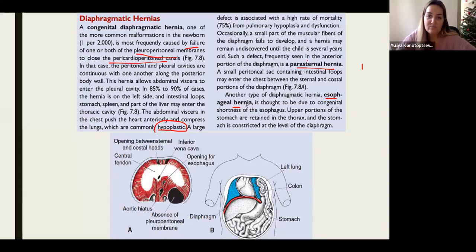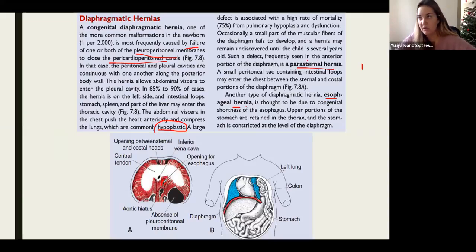Esophageal hernia could be congenital, it could be not congenital. Pregnant ladies and men are very susceptible to esophageal hernia. In the esophageal hernia, a part of the stomach protrudes through the esophageal opening, because you know that in the diaphragm we have the opening for the esophagus, and through that, the part of the stomach, the cardia, usually herniates.